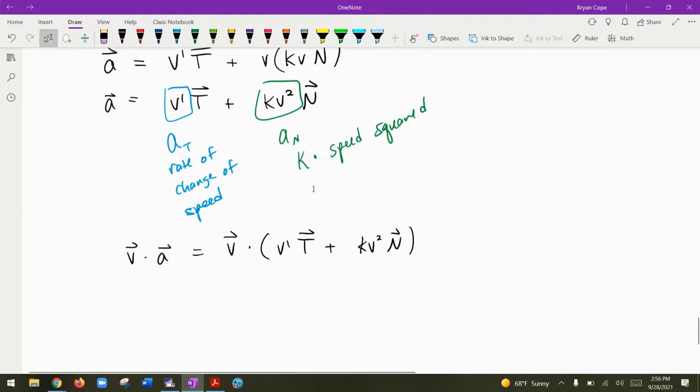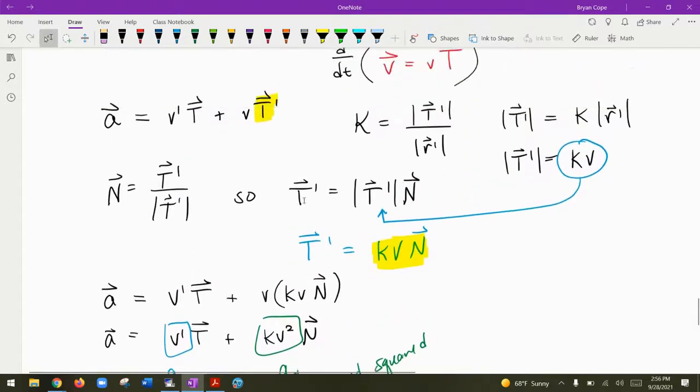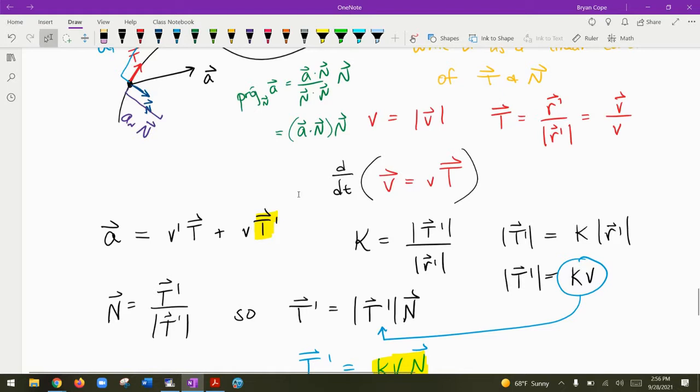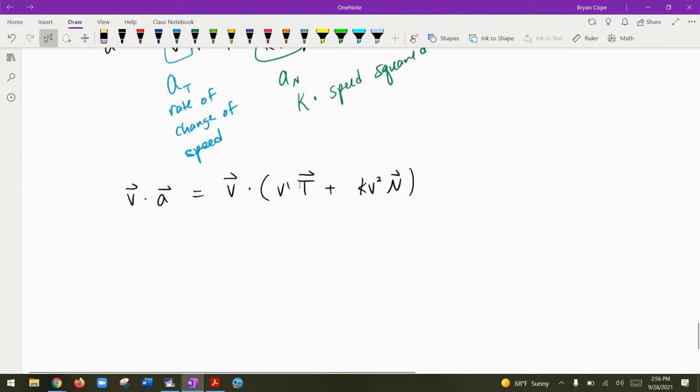Oh, I see what I did. Up here, we had a statement that vector V equals non-vector V times T. I'm going to do that here as well.